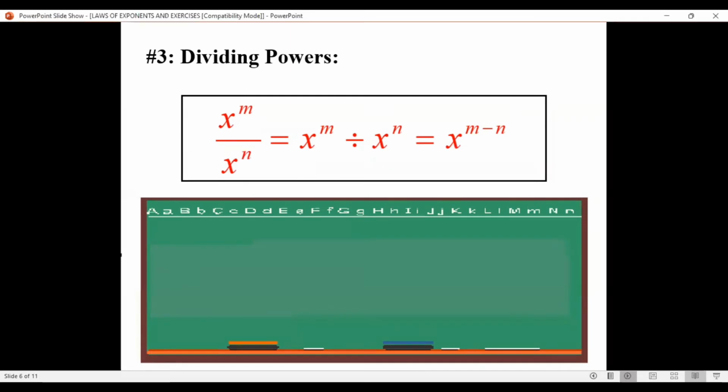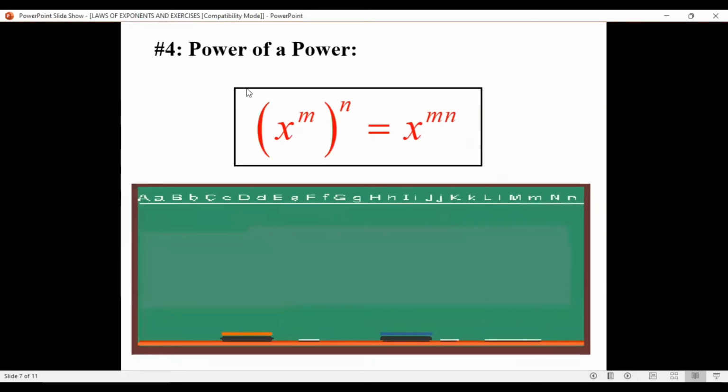Let's have another rule. This is now the power of a power. So when you have x raised to m, quantity raised to a power of n, what's the rule here? When it's a power of a power, we need to multiply. So x raised to m, quantity n, is equal to x raised to the product of mn.